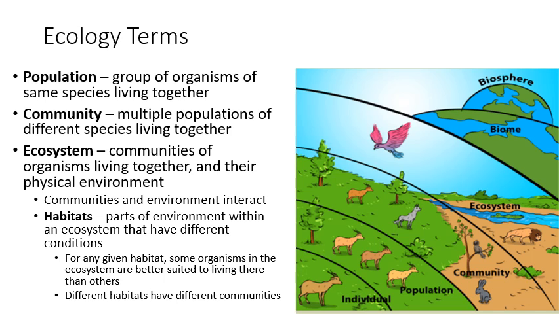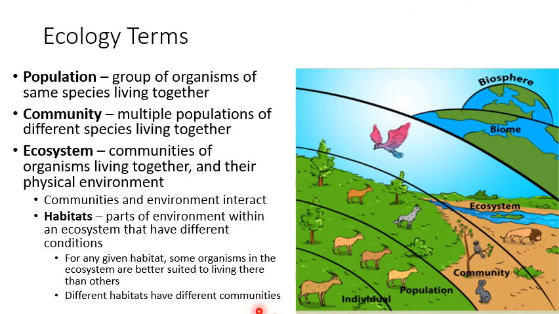We are not well adapted to living in the habitat of up on the mountain, although we technically could do that if we wanted to. A lot of the time you'll have different species living in different habitats all within the same ecosystem, which means that every habitat would have its characteristic community that would be different from a nearby habitat.